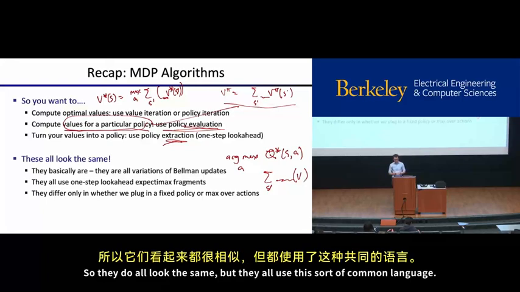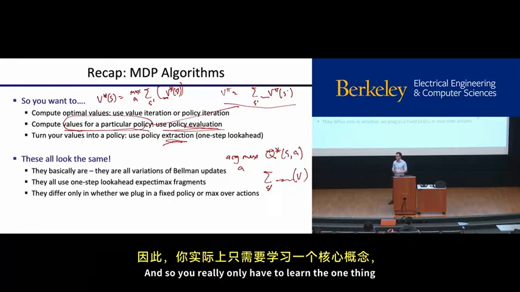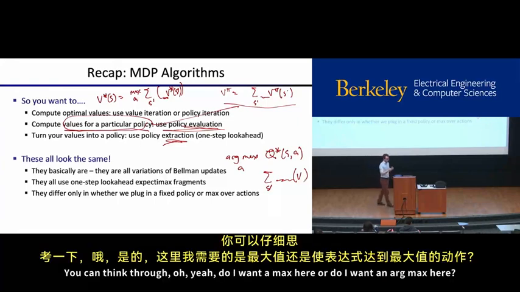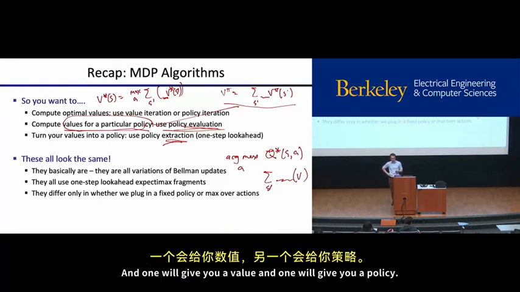They all use this common language, so you really only have to learn the one thing, and then for all of the modifications you can think through: do I want a max here or an argmax here? One will give you a value and one will give you a policy.